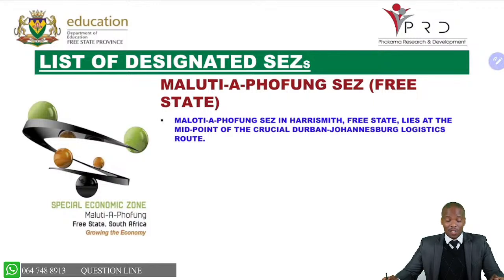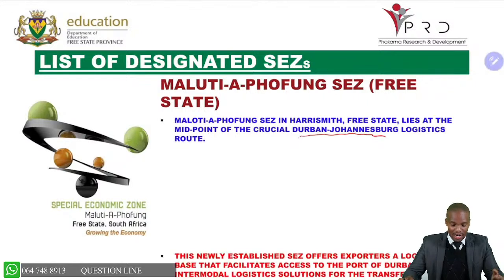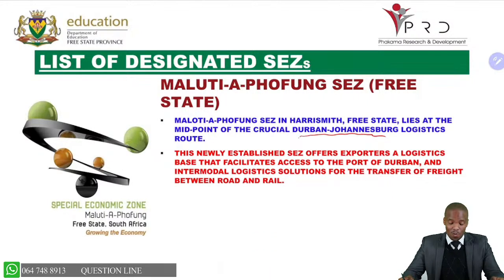So this one, the Maloti Drakensberg SEZ, is on your N3 route, in the Harrismith direction. It is a crucial link on the logistics route between Durban and Johannesburg, which is the N3. And we know that it was established to offer exporters a logistical base, because it's in the middle between these two provinces, or between any other provinces thereof.